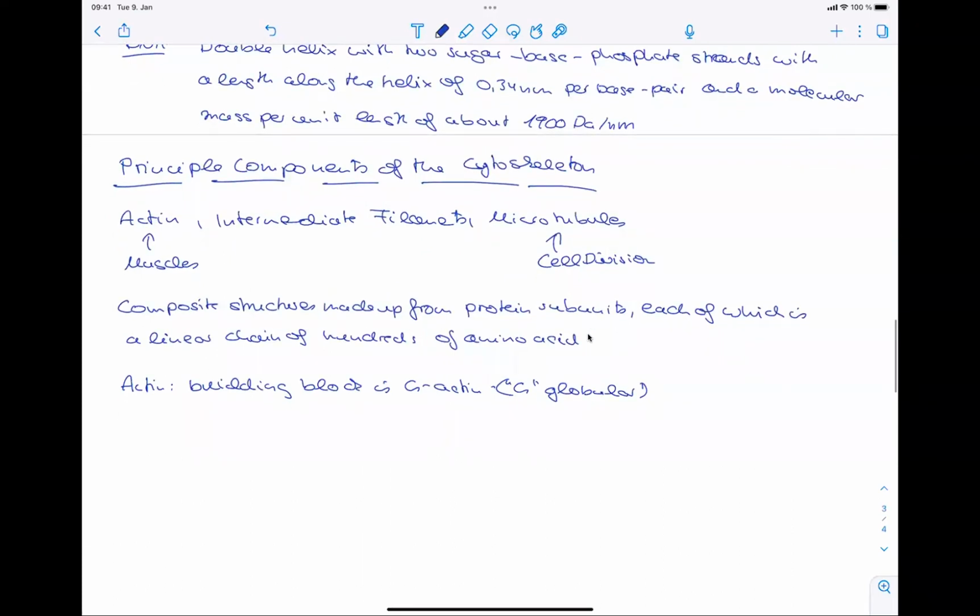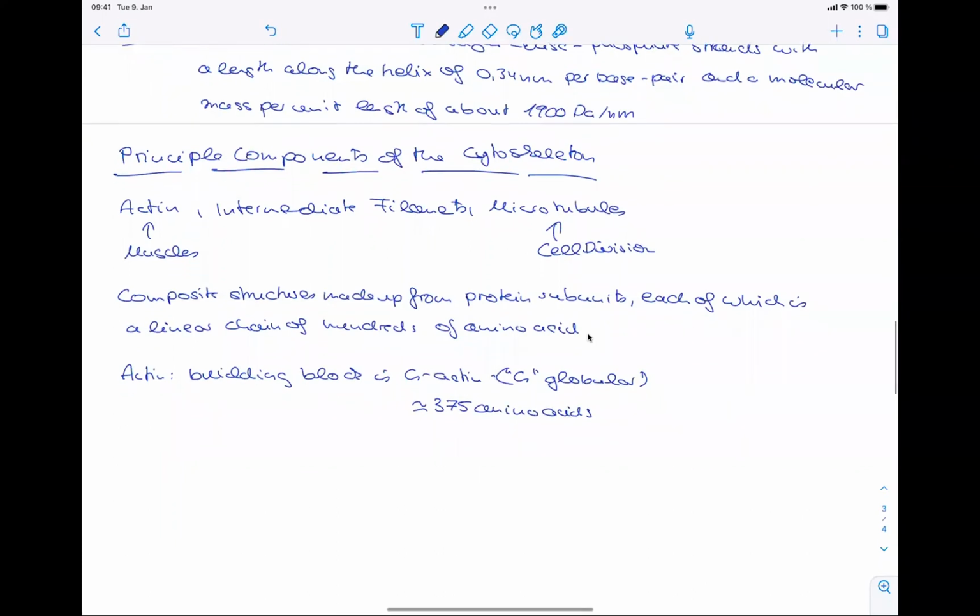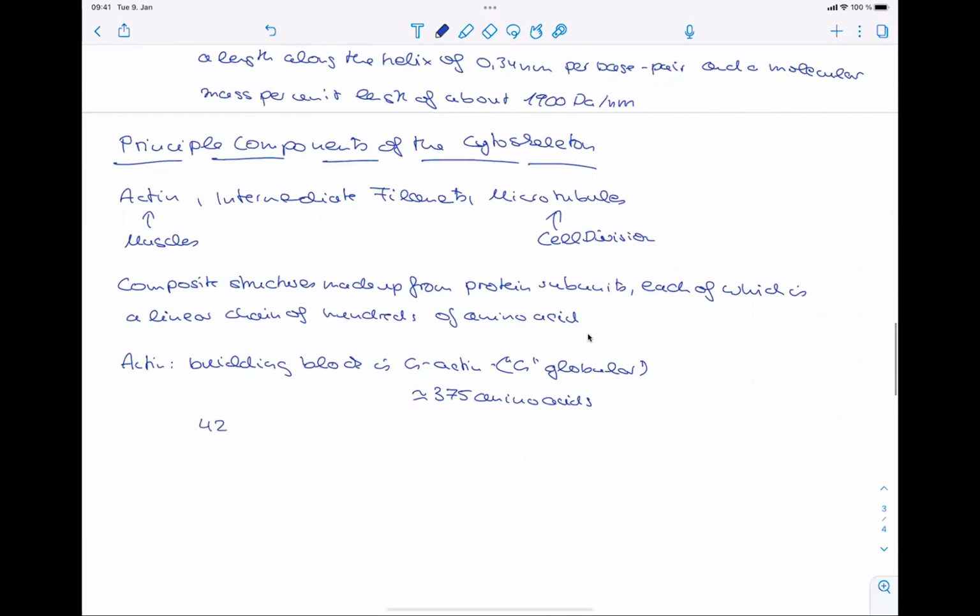And this consists alone of 375 amino acids, just to give a scale. And has, sorry, 42,000 Daltons as molecular mass.